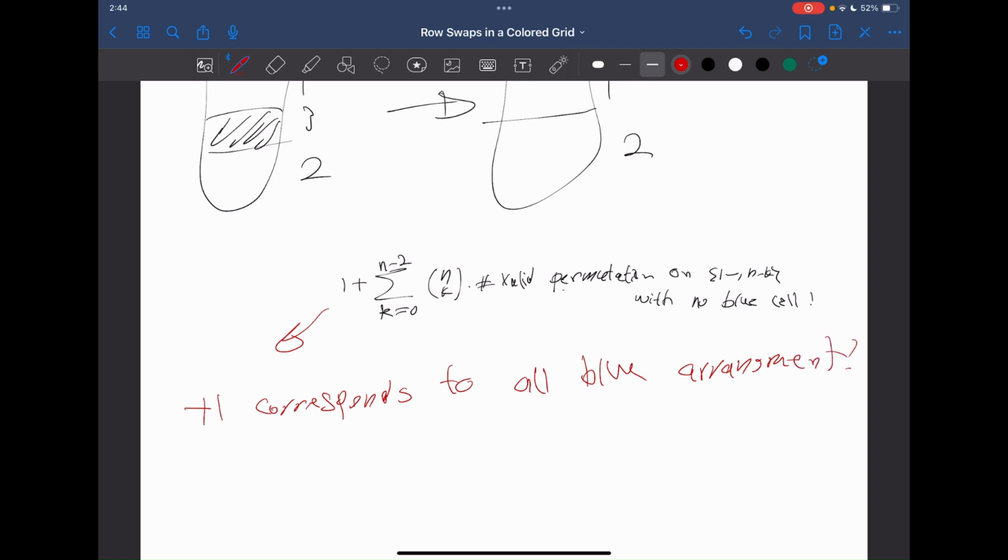And the reason that it goes to n minus 2 is because if I have n minus 1 blue cells, the last one must be blue as well.